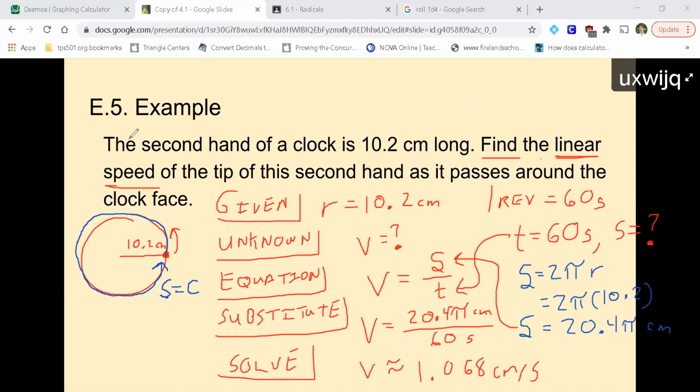To be honest, if you are going to solve this for yourself, I imagine you might not go into as much detail as I just did here. But if you use this process, write your givens, your unknown, the equation, substitute, solve, that process will work no matter how complicated a word problem they give you.